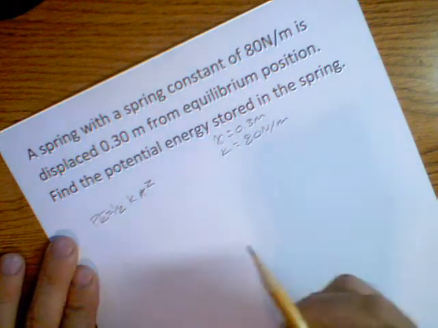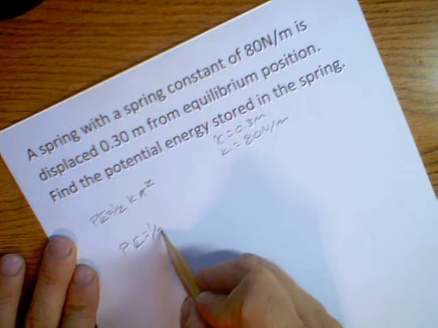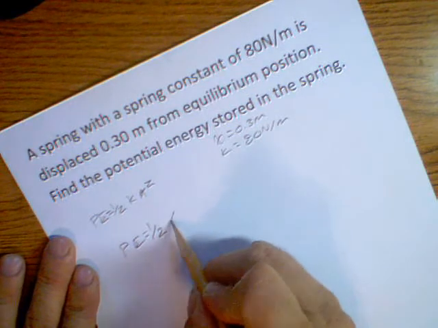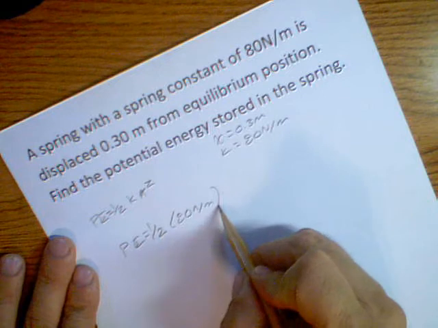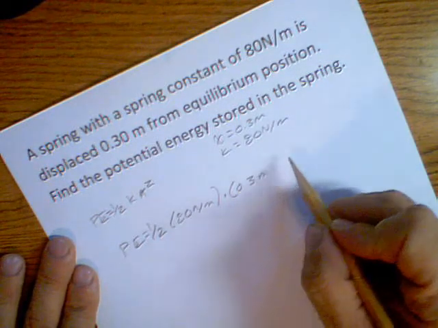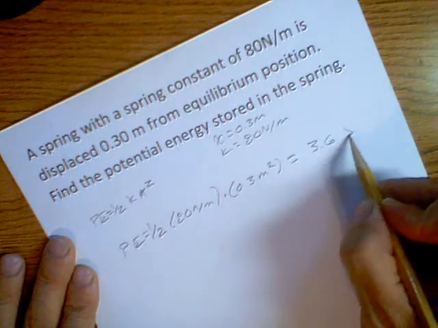So we should be able to solve: potential energy is one half times 80 newton meters times 0.3 meters squared, or 3.6 joules.